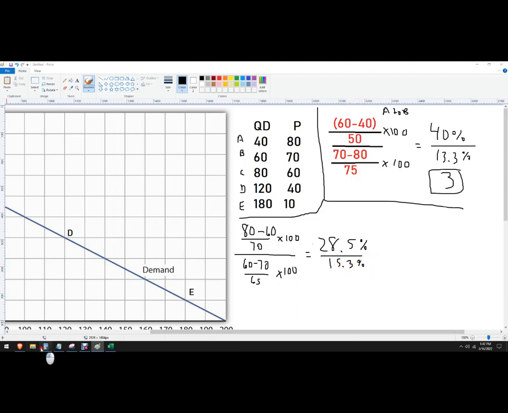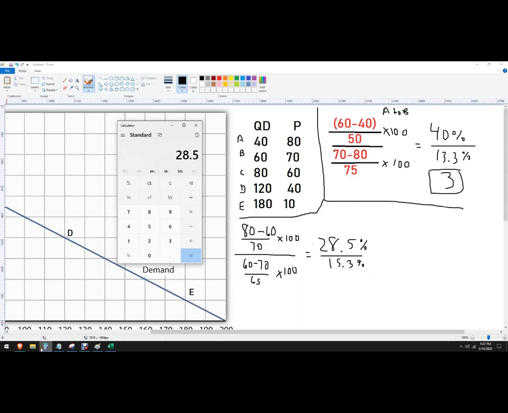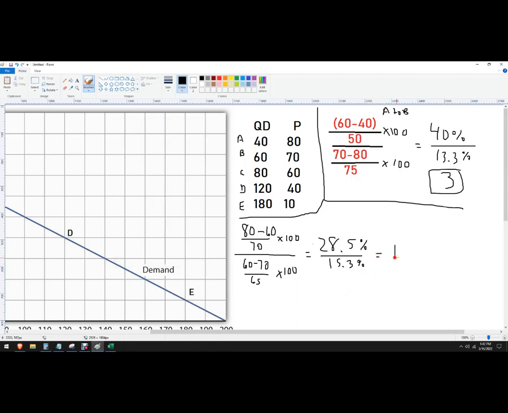And then I go 28.5 divided by 15.3, and I get like 1.86. So now both of these are above 1, so that means they're both elastic. So this was B to C. Both elastic so far.